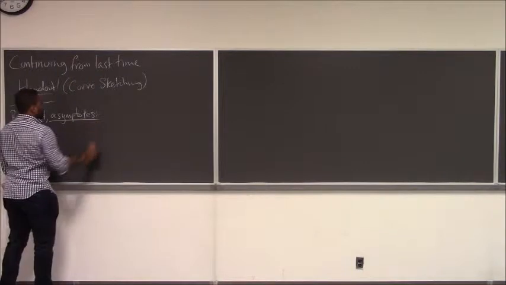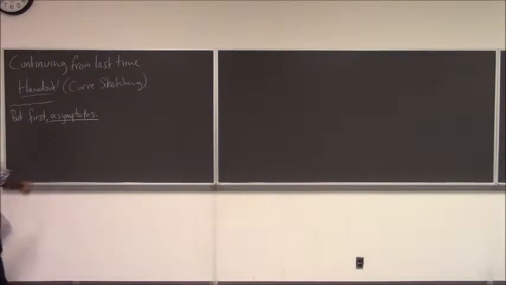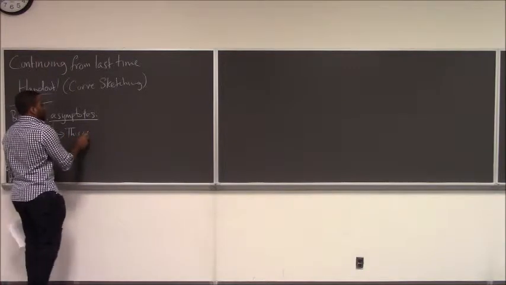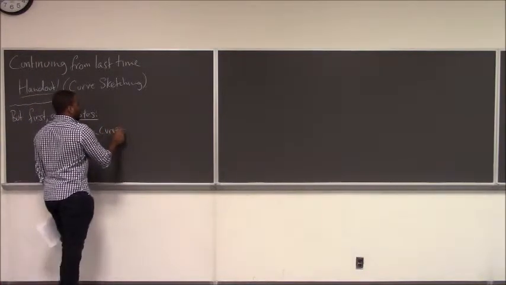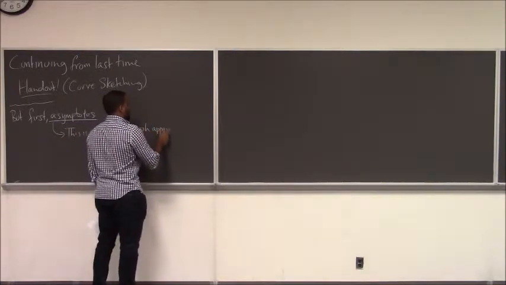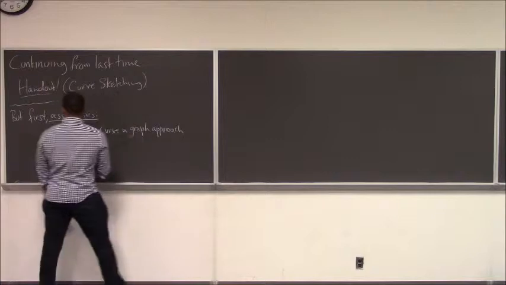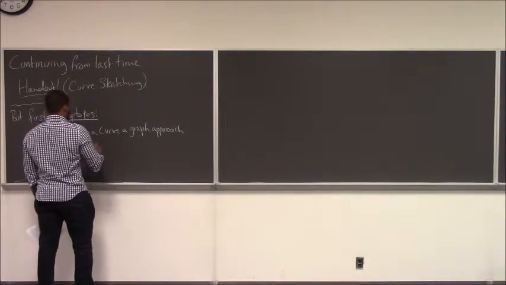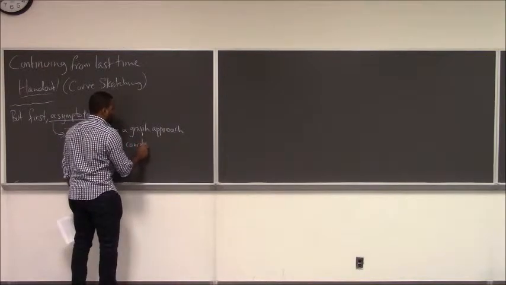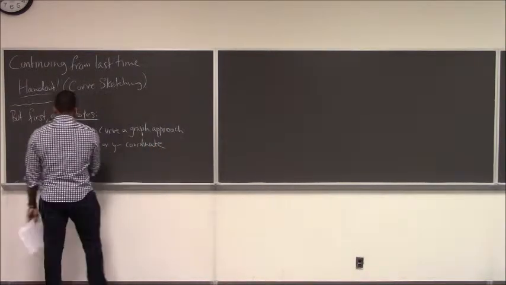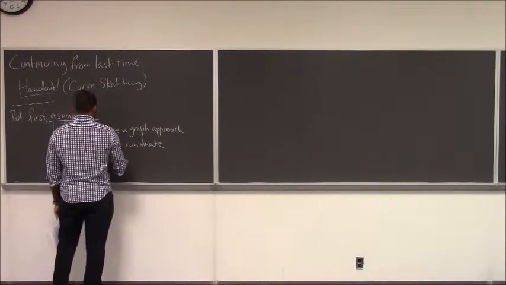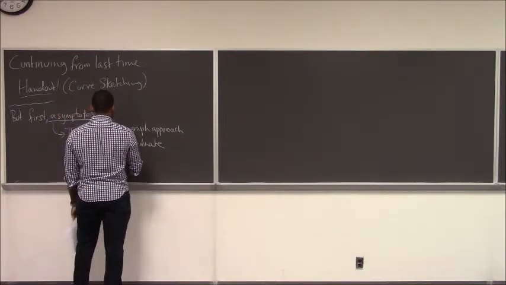So, an asymptote, essentially, is a line that a curve, a graph, approaches as the x or y coordinate approaches infinity.